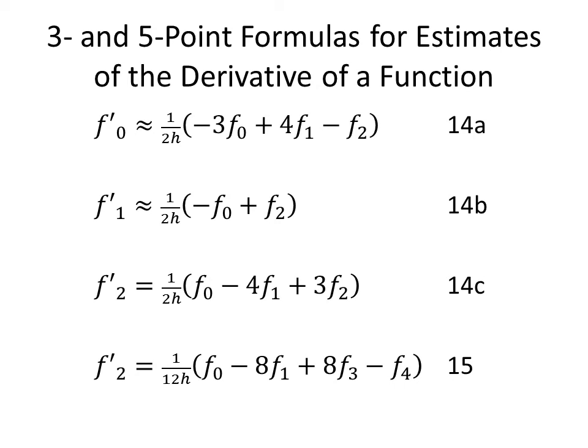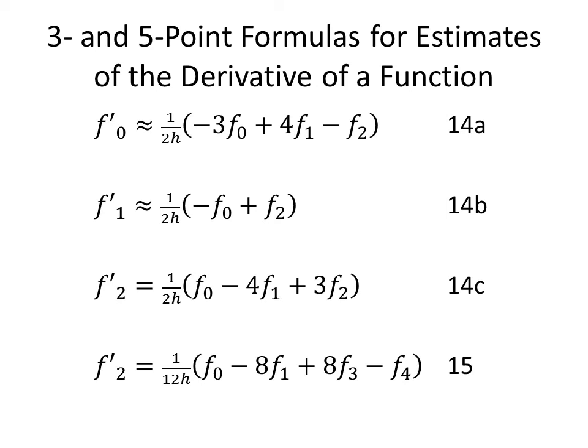I'm sure you did these things when you learned about differentiation in calculus. And what's probably new is that we'll sometimes want to use more accurate estimates, like in equation 15. You'll see that we actually have a very accurate estimate of the derivative of the function that uses 5 points to estimate the value of the derivative at point x equals x2.